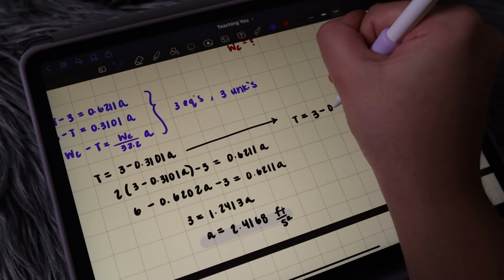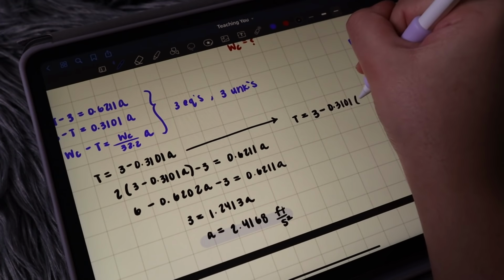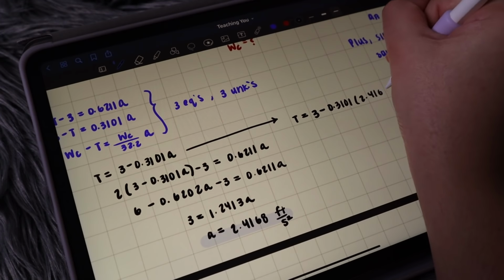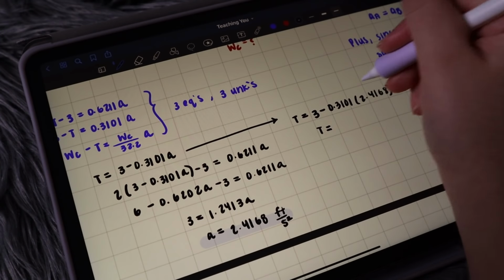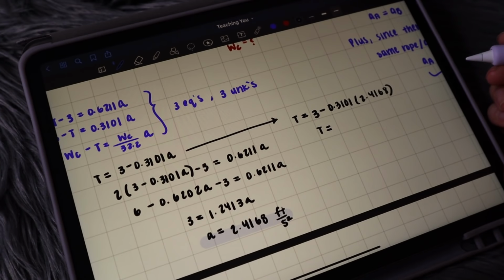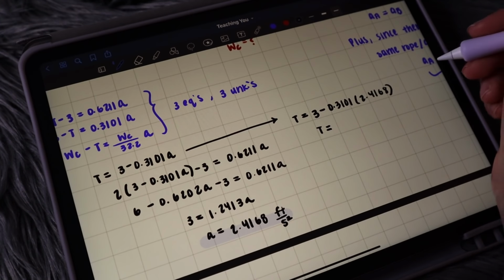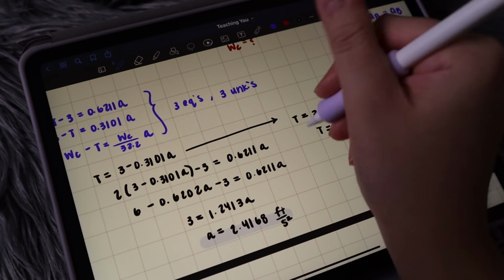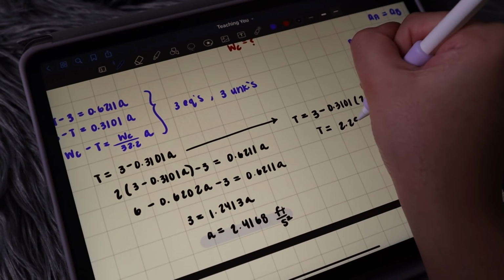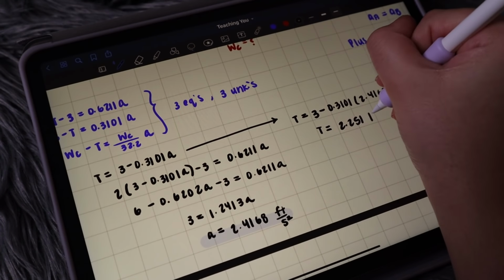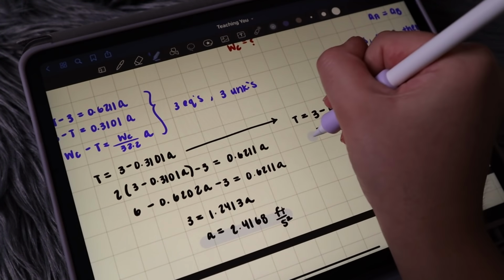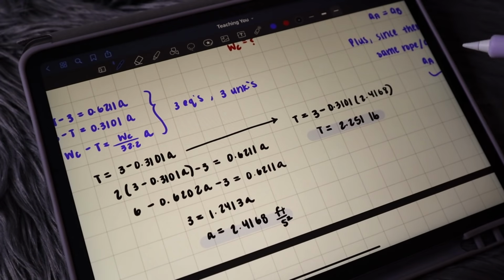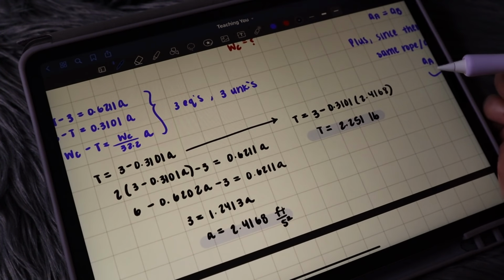Plug in a, and then we can solve for t. So if you plug that in the calculator, you should get 2.251 pounds. Okay. And this is the tension in the cable.